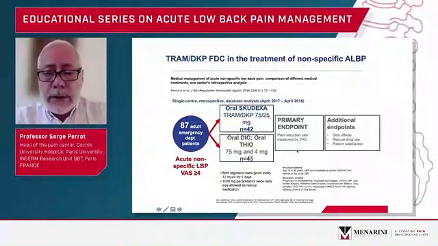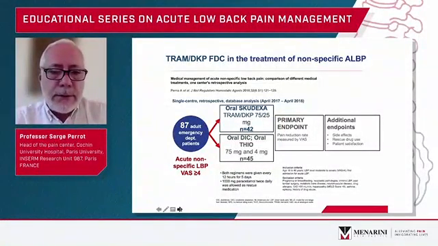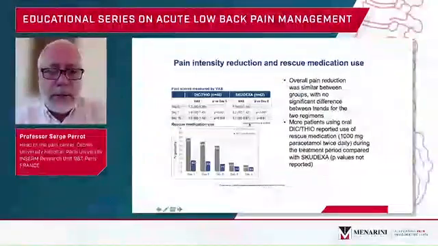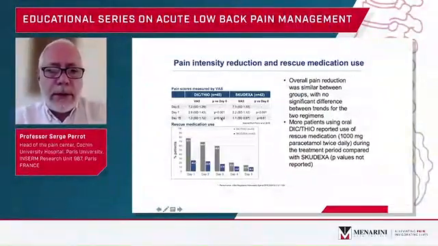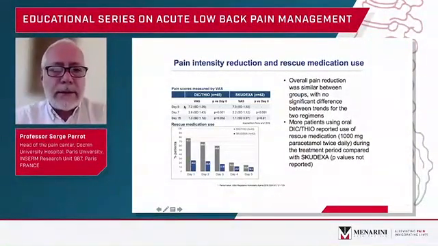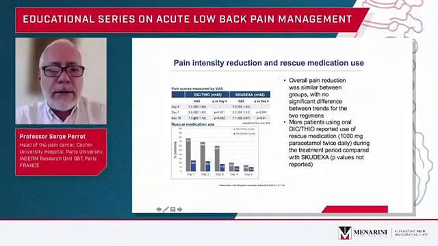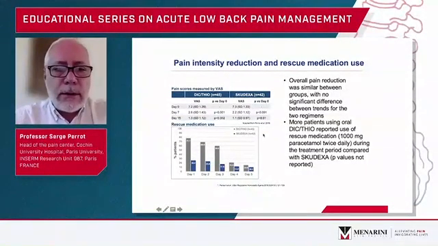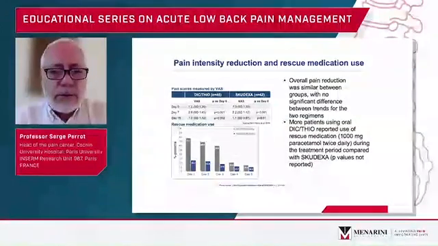The primary endpoint was pain reduction, but we also looked at side effects and rescue medication. Looking at the pain at day 0, day 7, and day 15, there was a decrease of pain in both groups, and there were no real differences between the two groups.